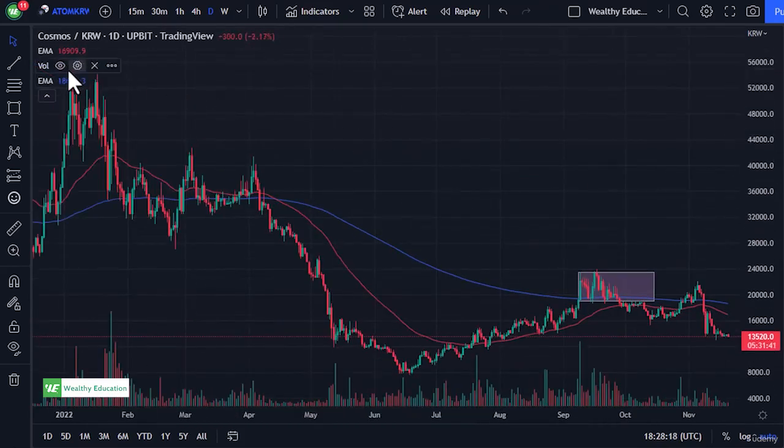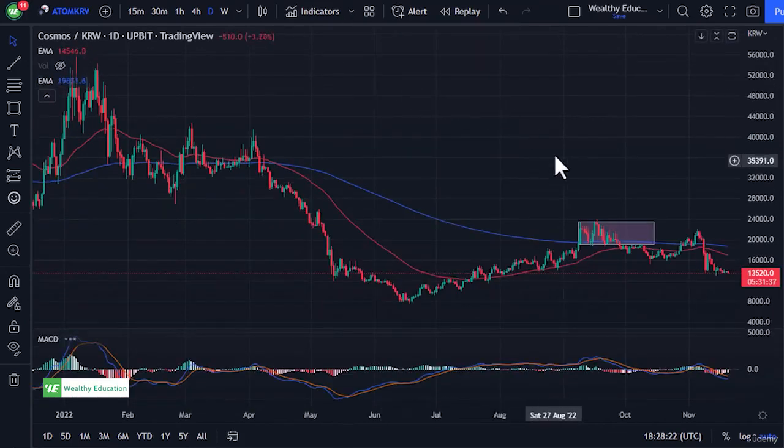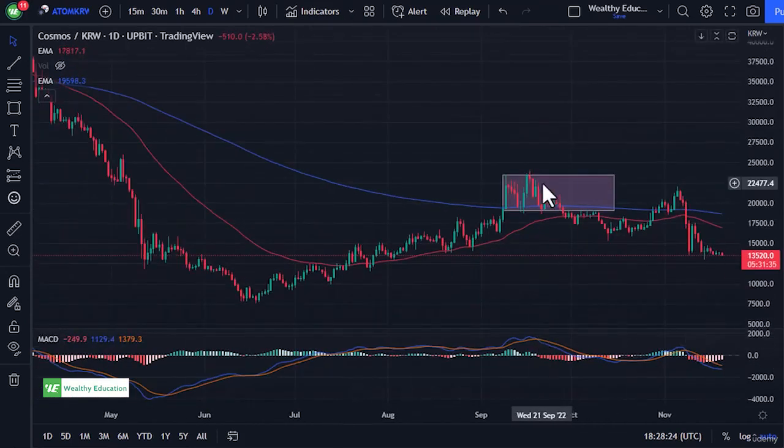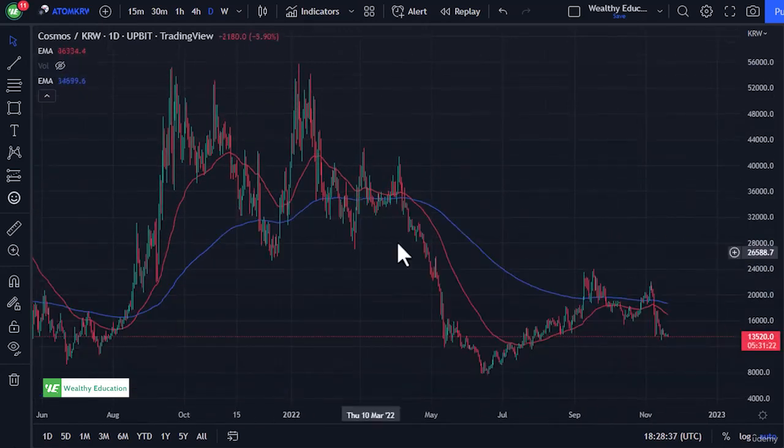Let me go ahead and hide the volume, make it a little easier to see. MACD crossed over right in the middle of this as we started to lose faith in Cosmos. So at this point, you can see it's just a simple play. And none of this is really new per se.